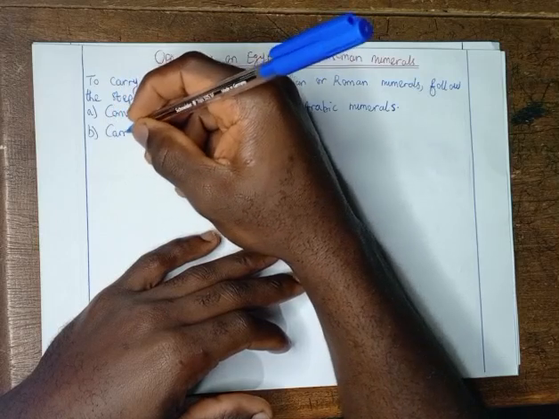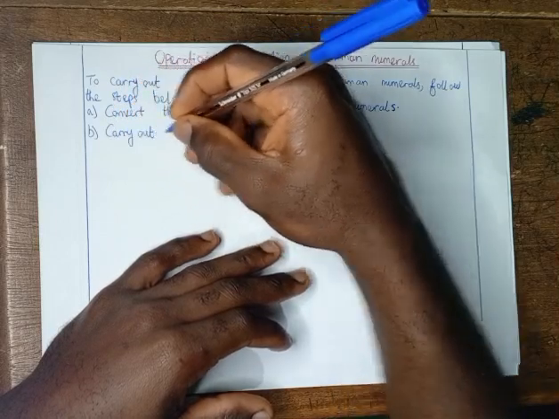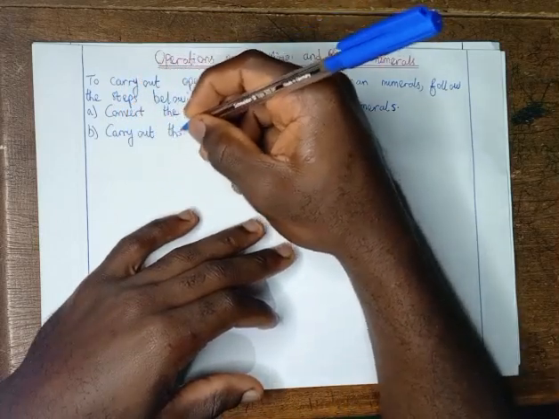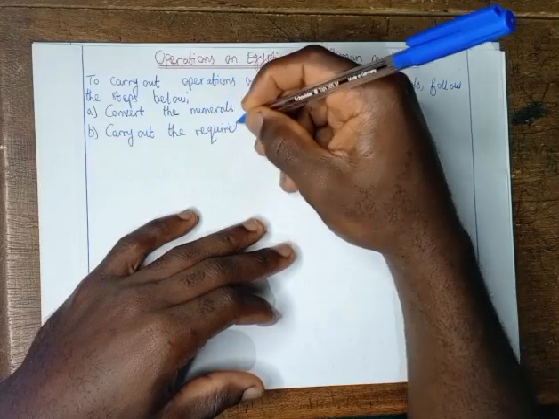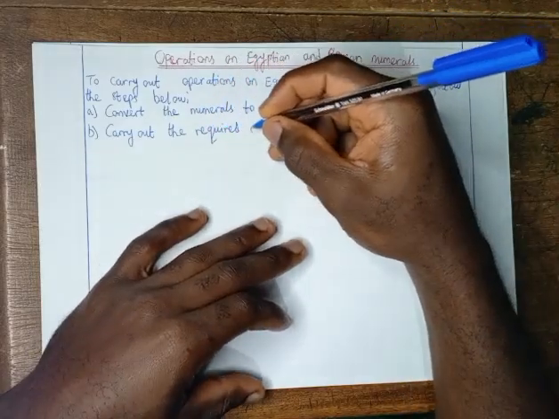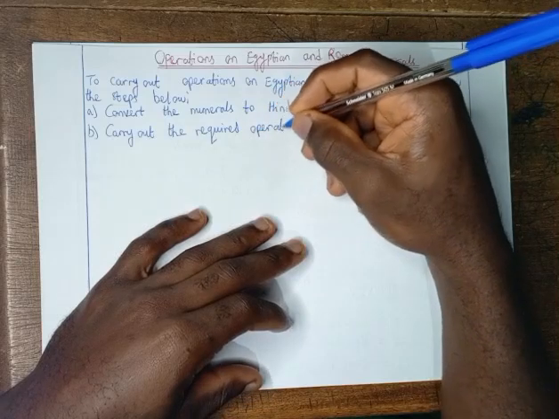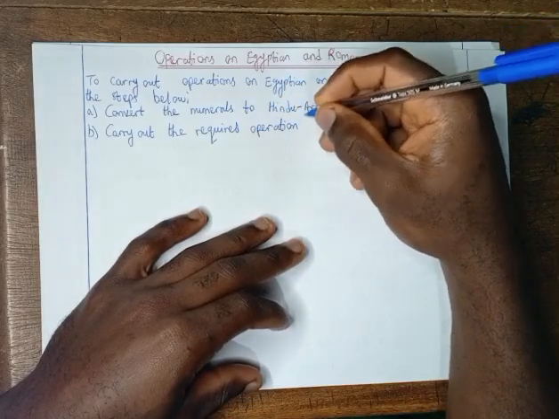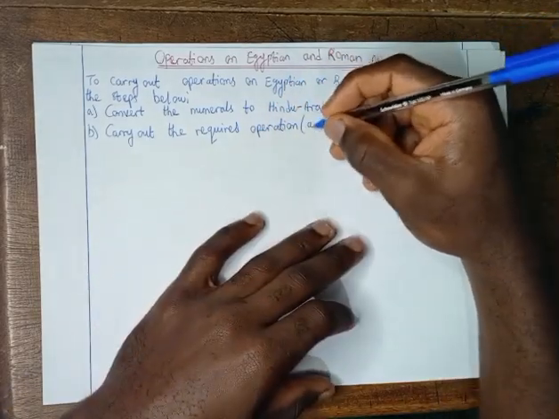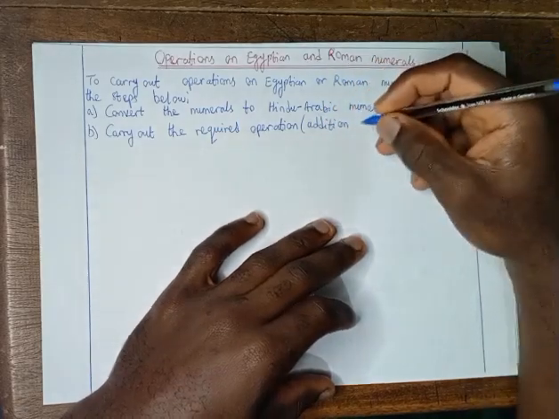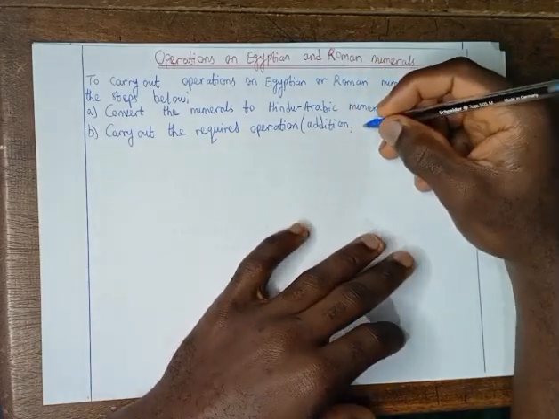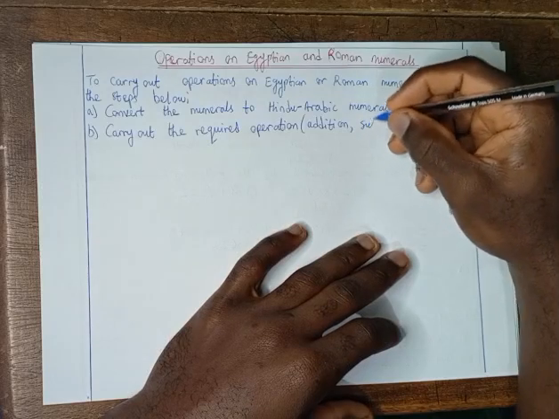And next step, you carry out the required operation. You perform the required operation. That means if the operation is addition, you perform the addition after converting the Egyptian or Roman numerals to Hindu-Arabic numerals.